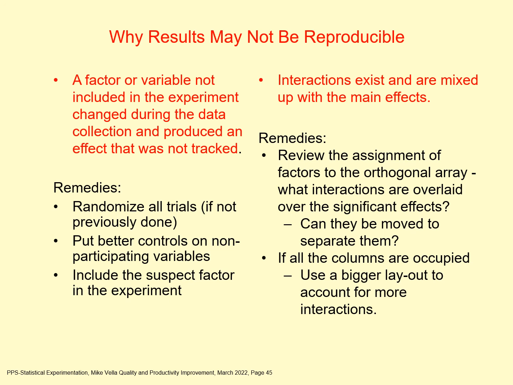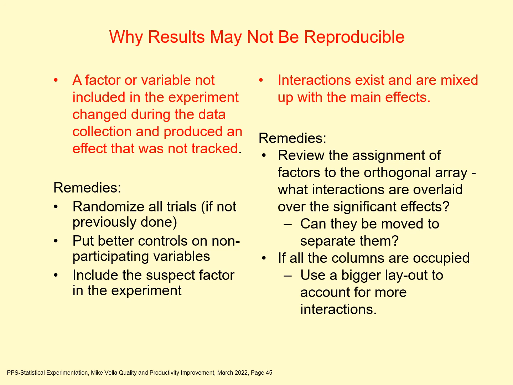In the future, you can randomize all trials if this was not done previously, but more likely you'll have to put better controls on non-participating variables. Clearly, in this case, a variable that was important to the process was not included in the experiment, and in your next set of validation experiments, you'll need to include that suspect factor in the experiment.